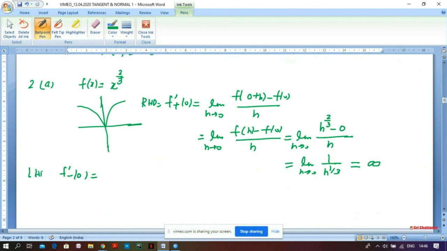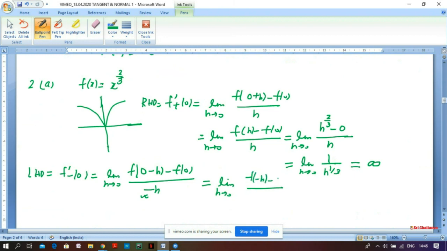Now if I take f prime minus 0, this was the right hand derivative, this is the left hand derivative. That gives you limit h tends to 0, f of 0 minus h minus f of 0 upon negative h. This is the same difference in the same order. So negative h, don't forget. Limit h tends to 0, f of negative h minus f of 0 upon negative h.